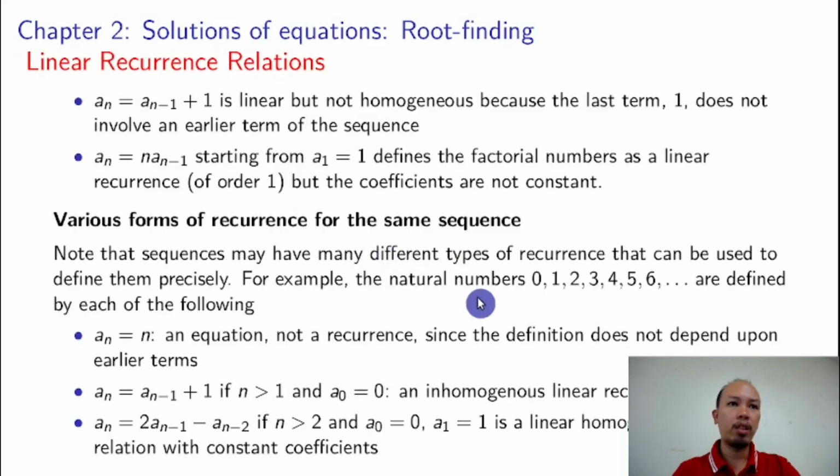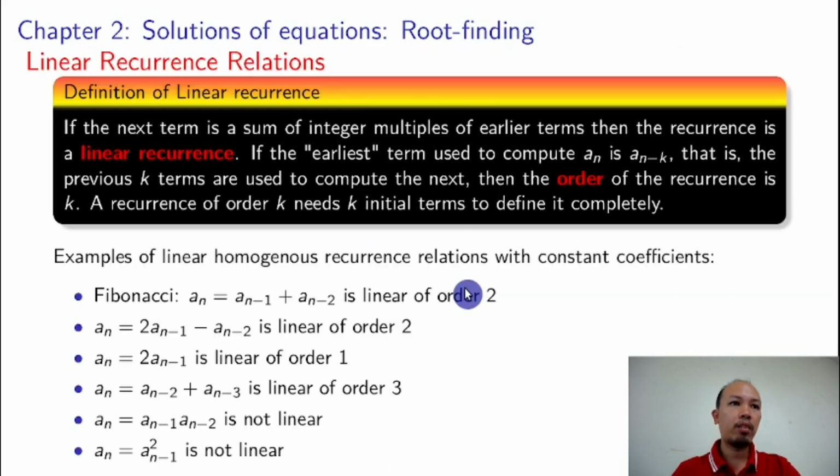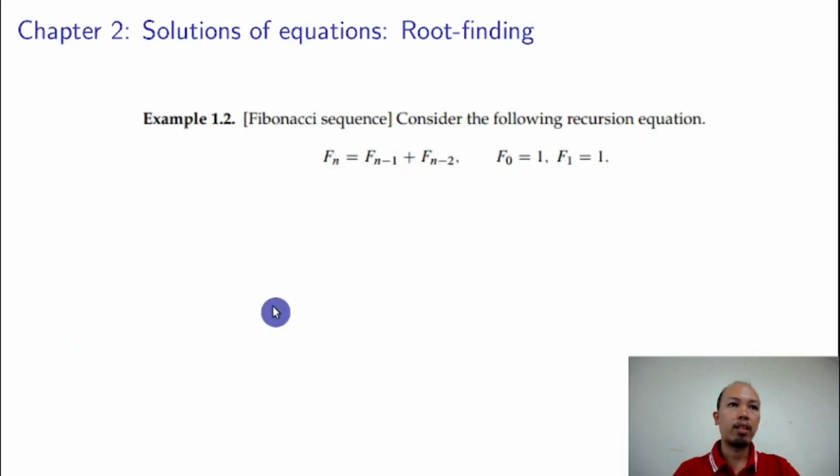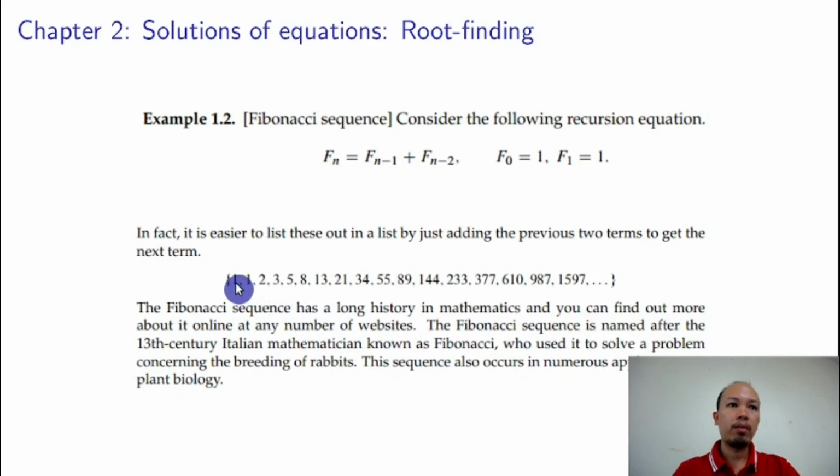As I've said before, for example, this one, Fibonacci numbers: if you are given a recursive sequence and you want to find the 10th term of the Fibonacci sequence: first, second, third, fourth, fifth, sixth, 7, 8, 9, 10. So f sub 10 is 55.